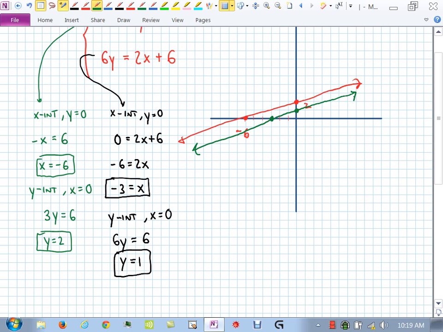And do parallel lines intersect? No. So there is actually no solution to this. That means that there is no x and there is no y that you can ever find that make them both true at the same time. So your answer is parallel. Therefore, no solution.